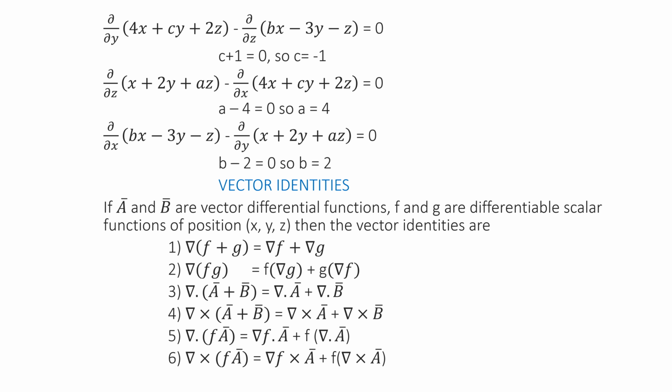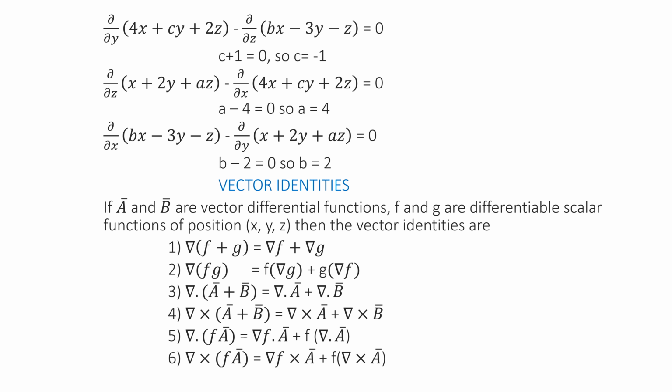Del of (f plus g) can be written as del f plus del g. And del of (f g) is equal to f del g plus g del f. Del dot (a bar plus b bar) is equal to del dot a bar plus del dot b bar, and del cross (a bar plus b bar) is equal to del cross a bar plus del cross b bar.